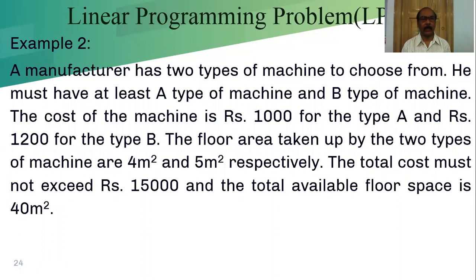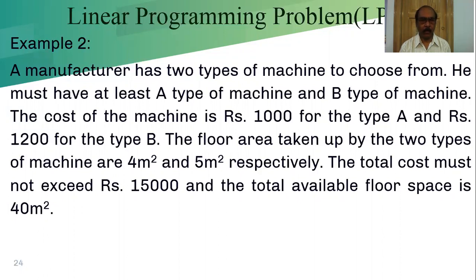Now I am considering another example, that is example 2. A manufacturer has two types of machine to choose from. He must have at least A type of machine and B type of machine. The cost of the machine is rupees 1000 for type A and rupees 1200 for type B. The floor area taken by the two types of machines are 4 meters square and 5 meters square respectively.